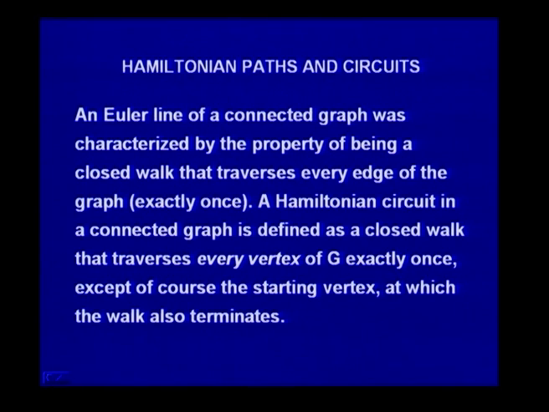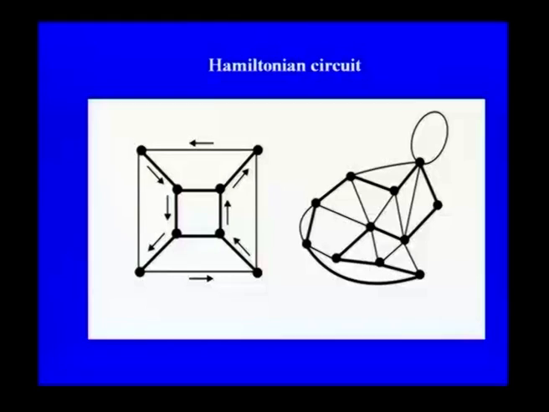So, in contrast to an Euler line, a Hamiltonian circuit in a connected graph is defined as a closed walk that traverses every vertex of G exactly once, except the starting vertex at which the walk also terminates. Let us see what is a Hamiltonian circuit. Look at this graph. It has got a Hamiltonian circuit. There is a closed walk. Take this point.